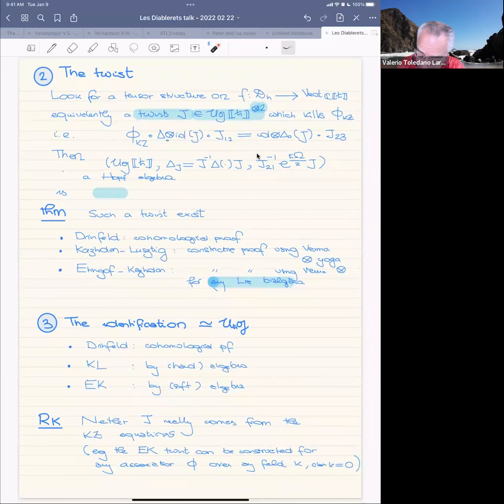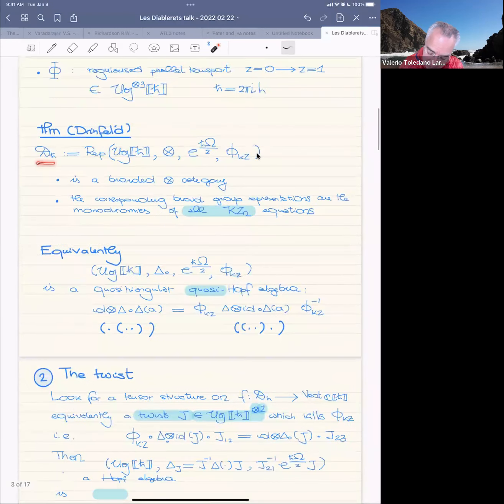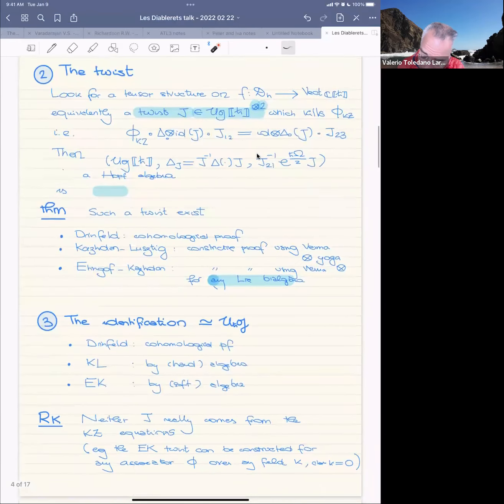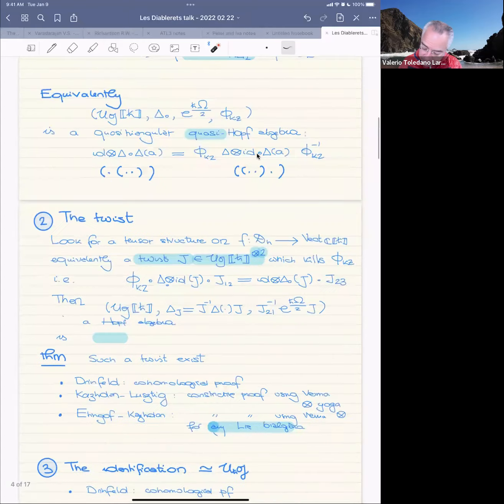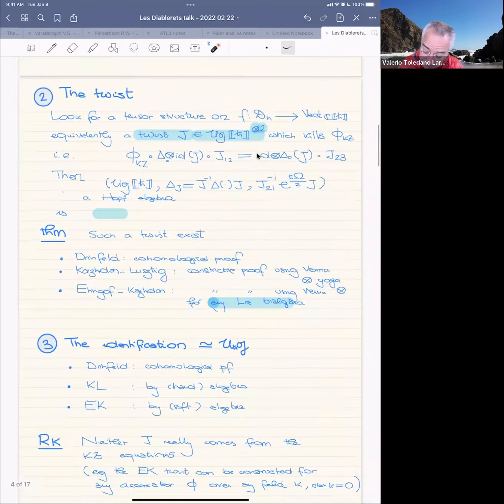There's a forgetful functor from this category I introduced, this Drinfeld category, to vector spaces, but it's not tensor a priori because of this non-trivial associativity constraint. So you want to find a tensor structure on it.